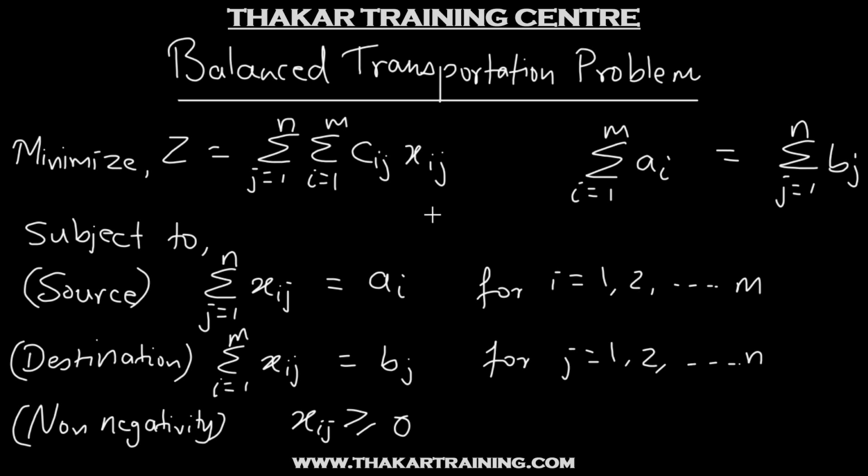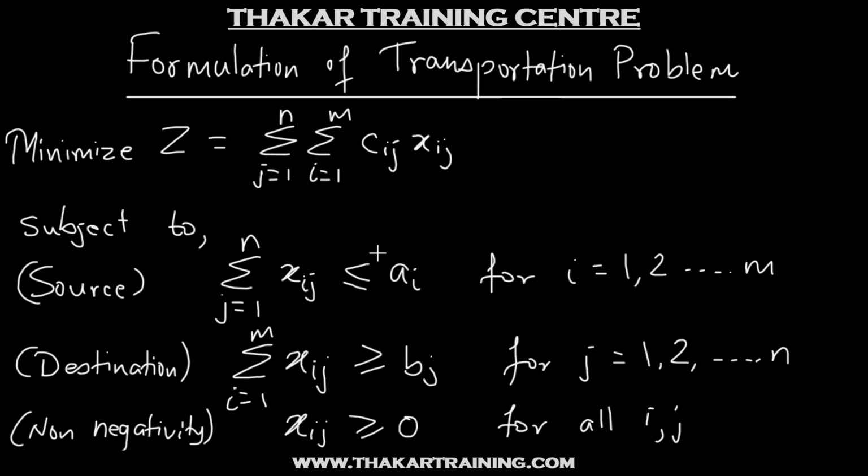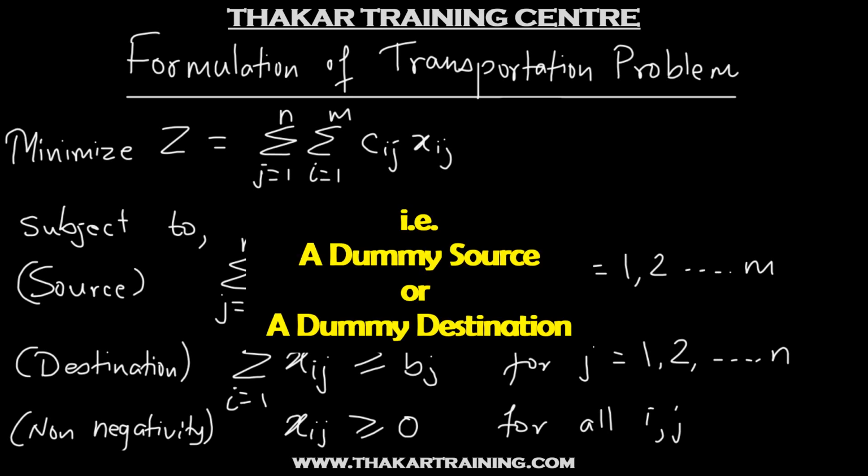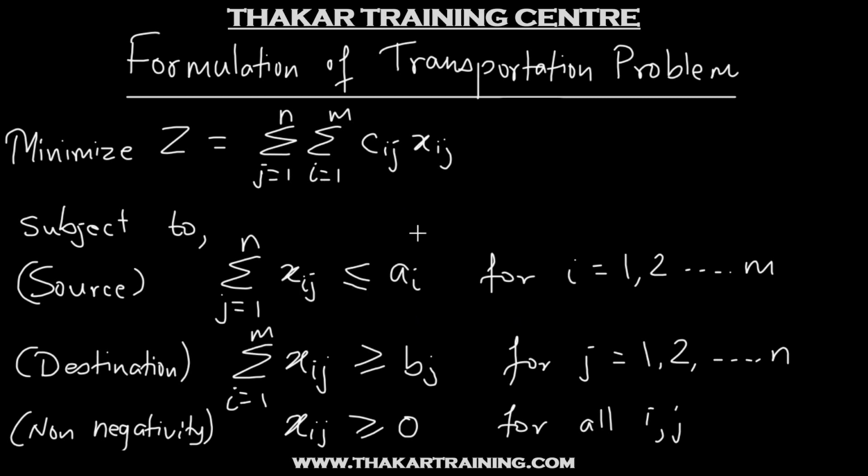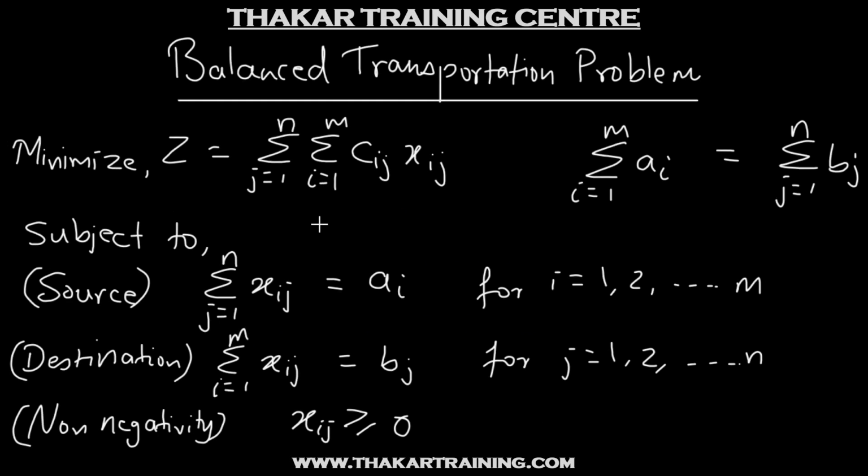Even in case of an unbalanced transportation problem, where the total of all the source capacities is not equal to the total of all the destination requirements, we convert it into a balanced transportation problem by adding a dummy row or a dummy column. You may understand this better when you look at an example. For now, this is how the formulation of an unbalanced transportation problem would look, and when the transportation problem is balanced, this is how the formulation looks.